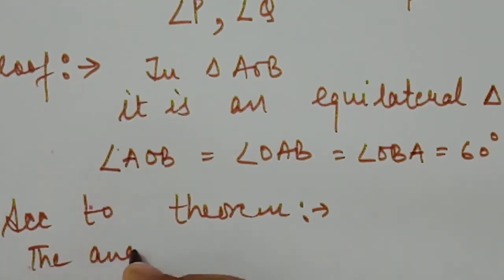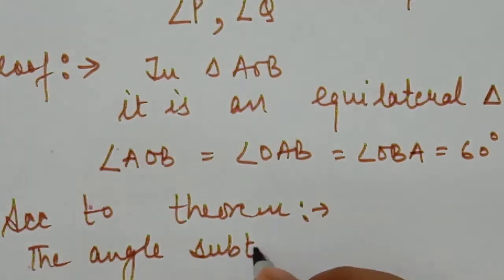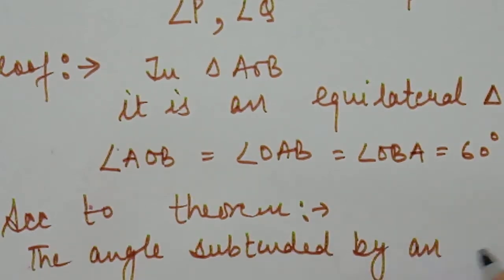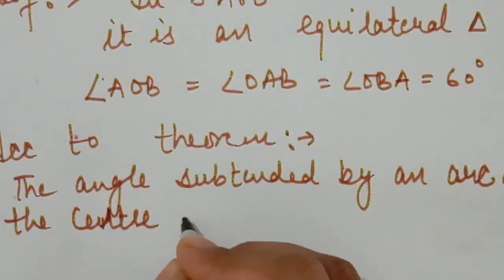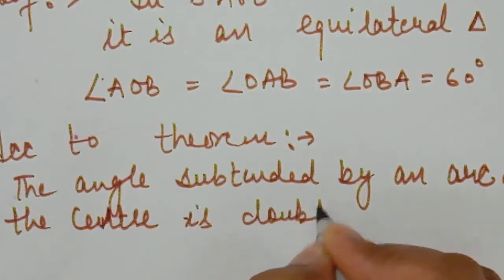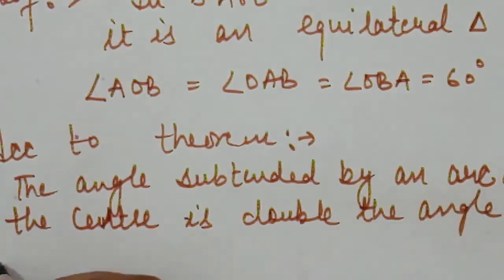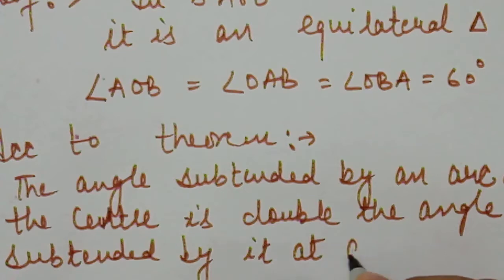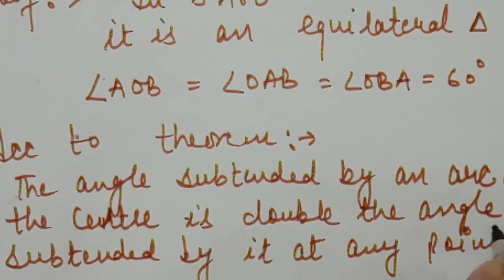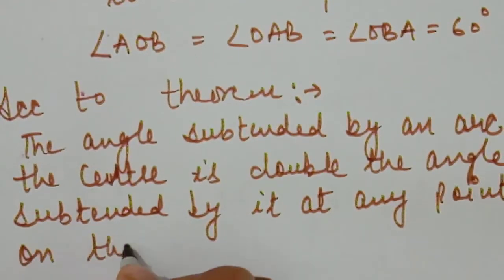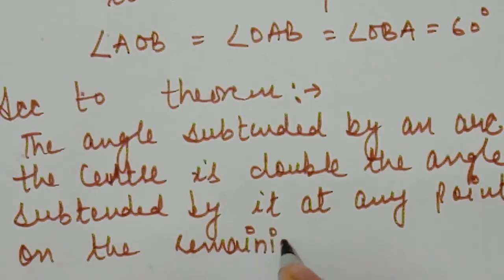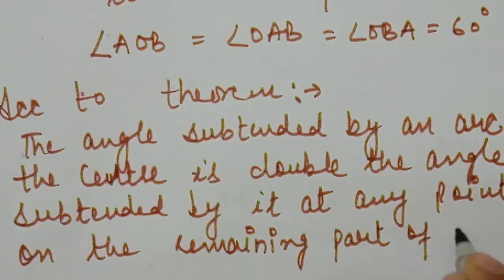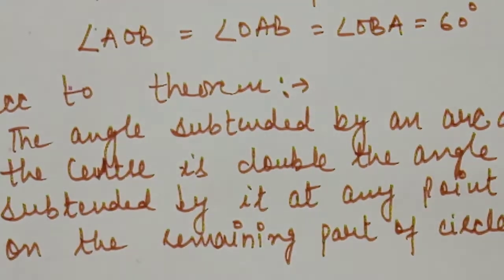The angle subtended by an arc at the center is double the angle subtended by it at any point on the remaining part of the circle, or we can say the circumference of the circle.